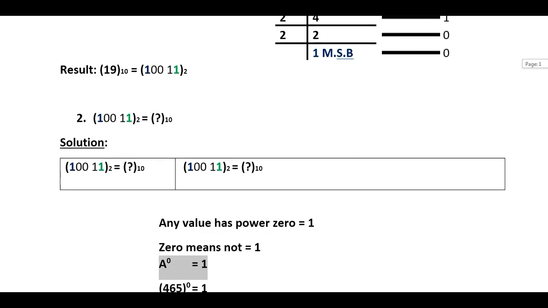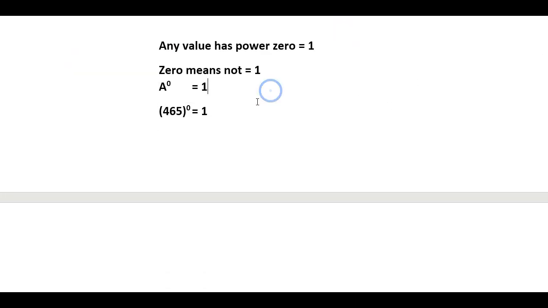Similarly, 465 to the power naught is equal to 1. It means any millions or billions digit value to the power naught is equal to 1.